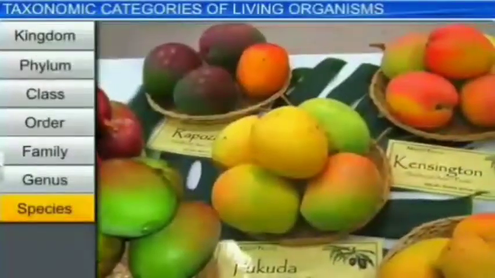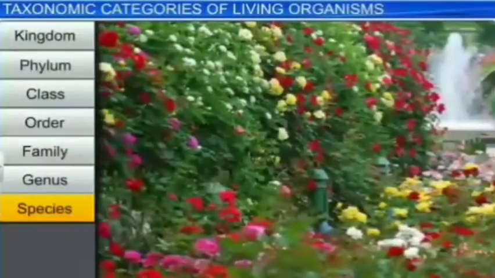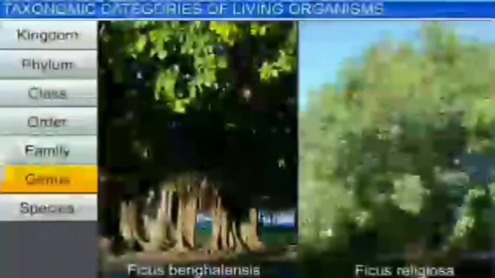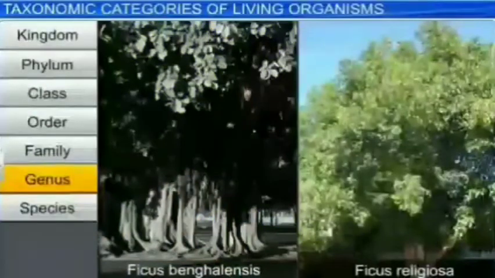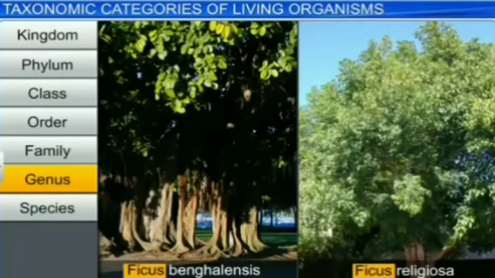Think of the varieties of mangoes available in the market, or the different species of rose in the garden. The next rank is genus, which consists of a group of related species that exhibit similar characteristics in comparison to species of other genera. In case of plants, the banyan and peepal trees have certain similarities, and therefore belong to the genus Ficus.